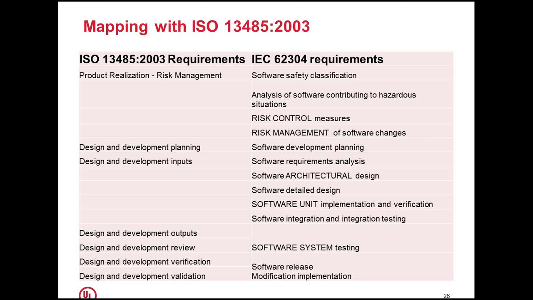Similarly, what we saw in the previous slides is taken care of by the software classification, analyzing the software contributing to hazardous situations, risk control measures, risk management verification, and risk management of software changes.